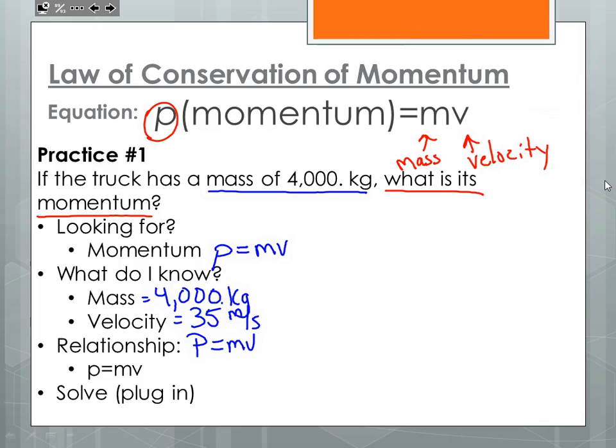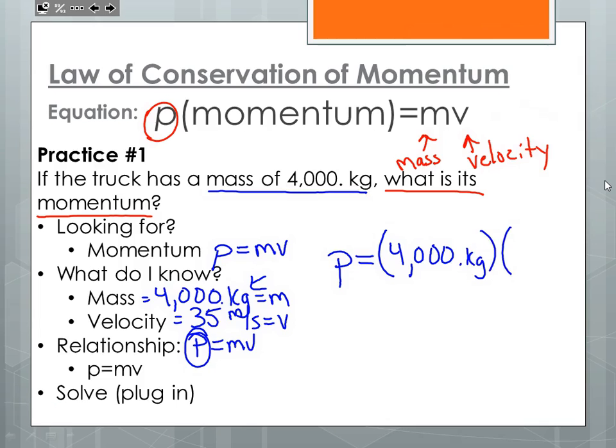This is M, our mass, and this is velocity, which is our V. We're looking for P, so we can say that P equals our mass, which is 4,000 kilograms, times our velocity, which is 35 meters per second.